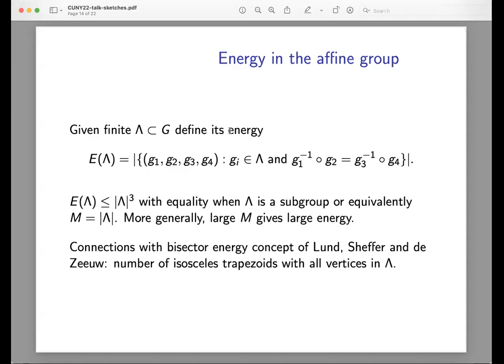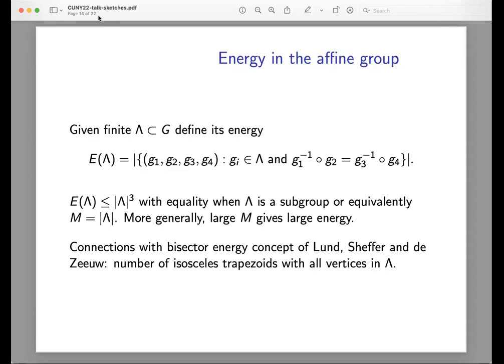It starts with Tao and Vu. Where does the terminology start, do you know? I haven't looked into it. You think it has some origin in physics? No, I think it's just because it's a sum of squares. In physics, very often we have integrals of squares, and that's energy.